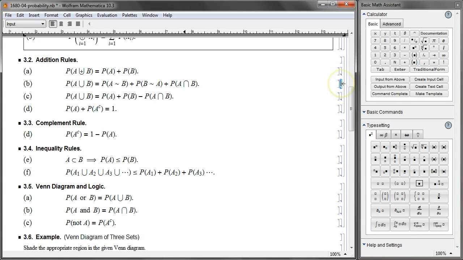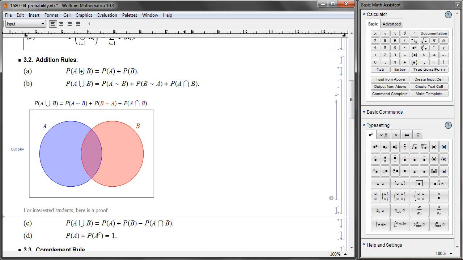Next, what if there is an overlap? Well, one way to view it is the following. The probability of A except for B, which is this blue crescent region, and the probability of B except for A, which is this red crescent region, B not A. And finally, plus the intersection, probability of A and B. And this decomposition gives us a sum of 3 mutually exclusive events.